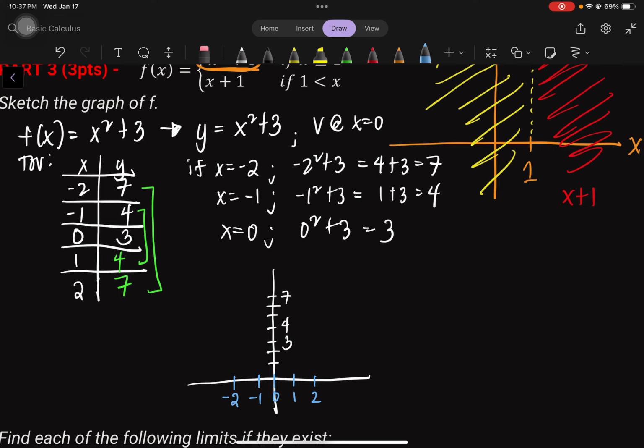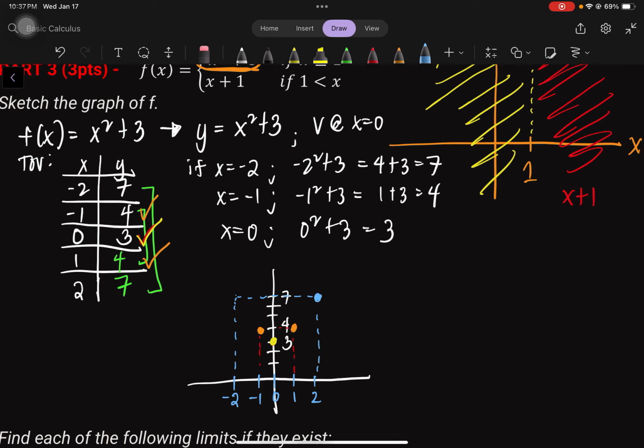So, plot the points. Ito yung 0, 3. Ito yan, negative 1, 4. Ito yung 1, 4 naman sa kabila. And lastly, ay 2, 7.